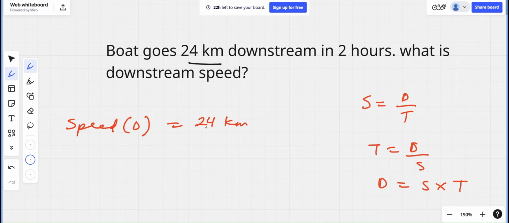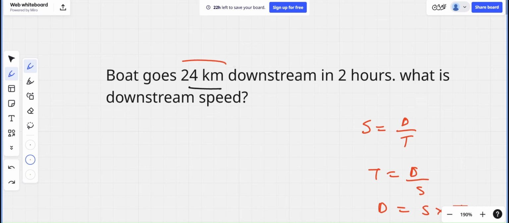See, if it's not written per hour, it means this is the distance. It's not written 24 kilometer per hour. They are being tricky.